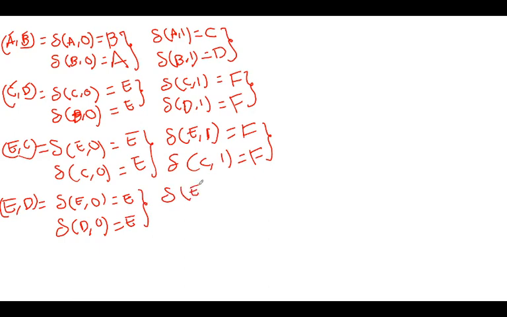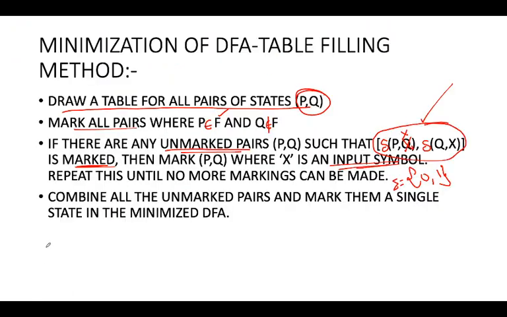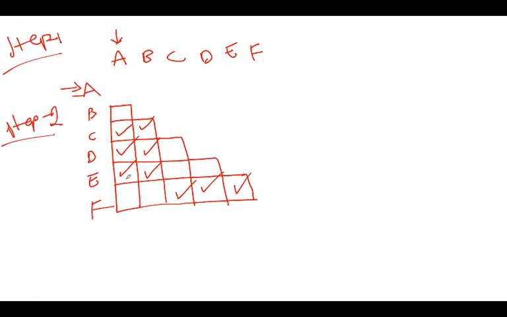Then E comma 1, I already wrote it, it's F, and transition of D comma 1, already written, it's F. We have to skip this part. Up to this we have completed.